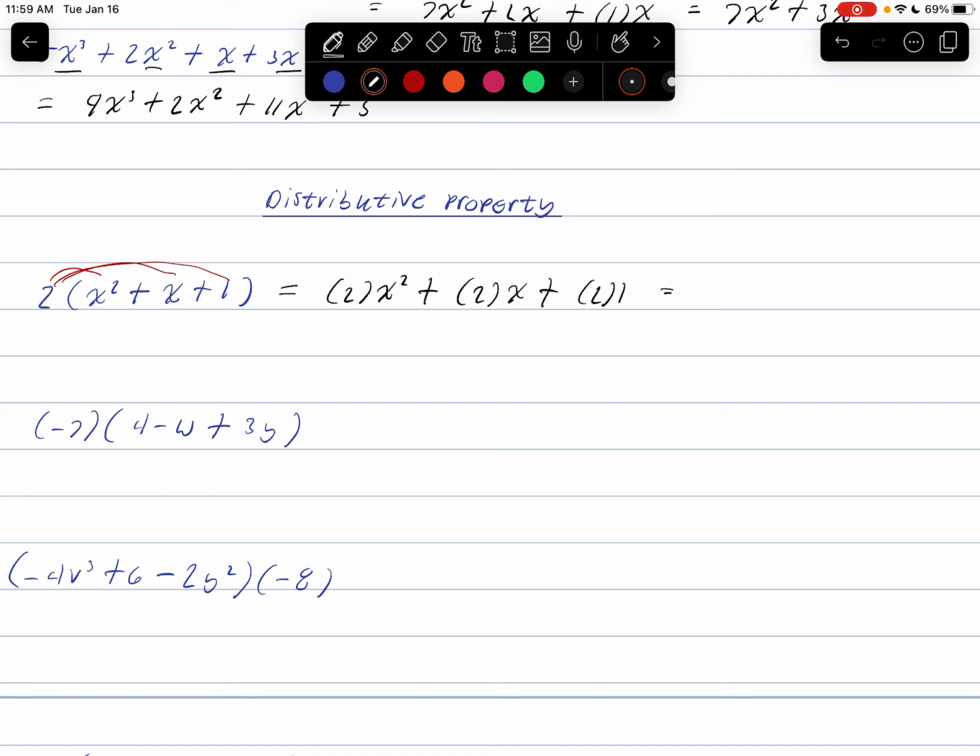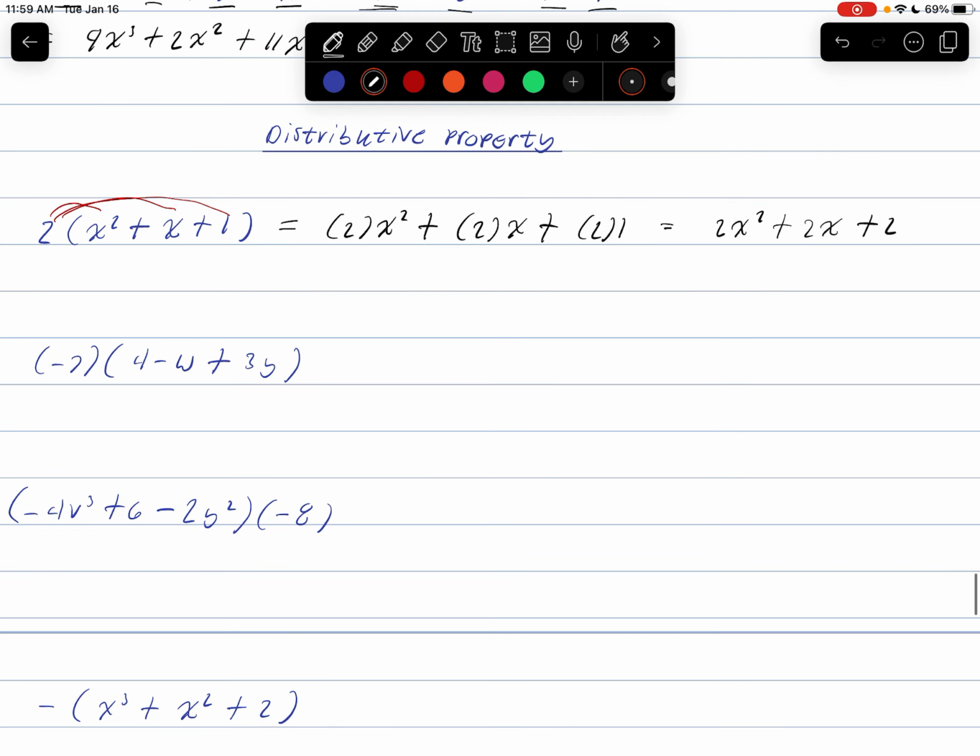And so we can write that a little more simply as just 2x squared plus 2x plus 2 times 1, which is 2. So that's all we're doing here: we are distributing this 2 to each of the terms in the parentheses.